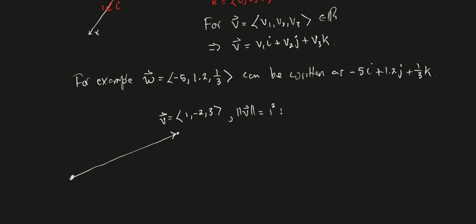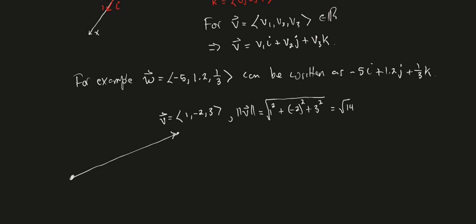So it's 1 squared plus negative 2 squared plus 3 squared, and then we take a square root. So that's the square root of 14, right? So that's the length of this. But what if we wanted a unit vector?